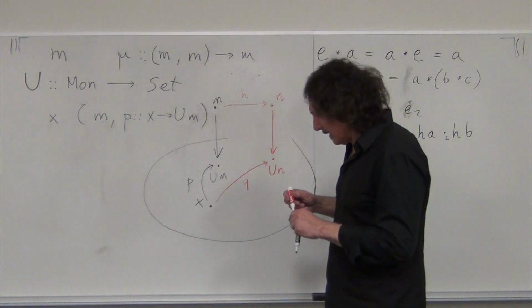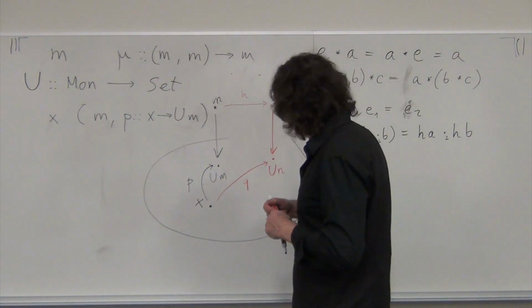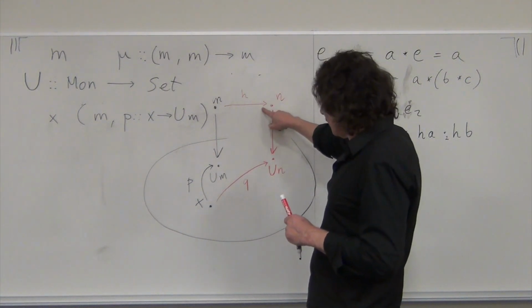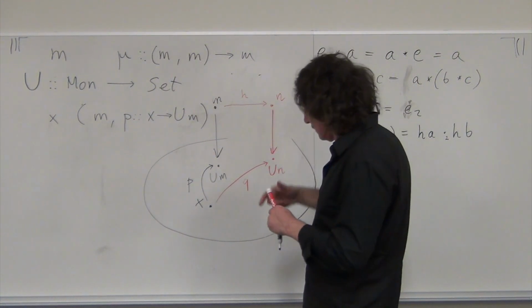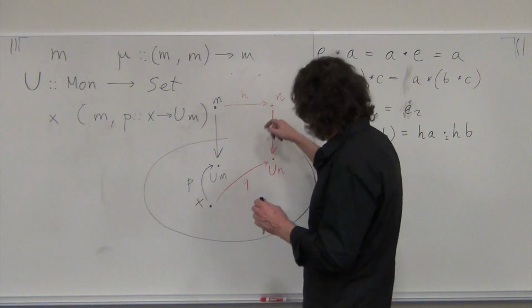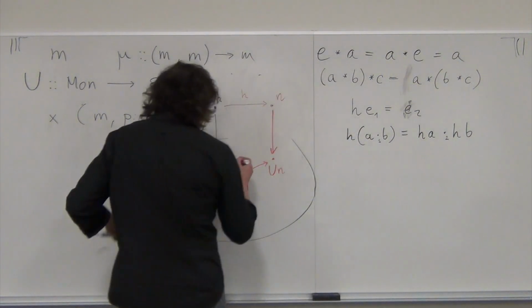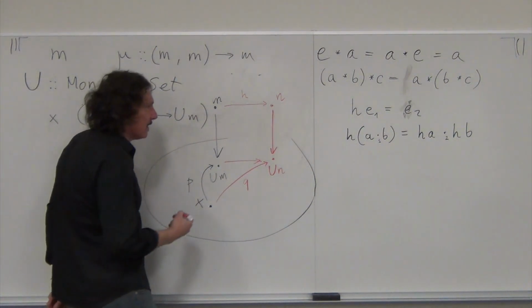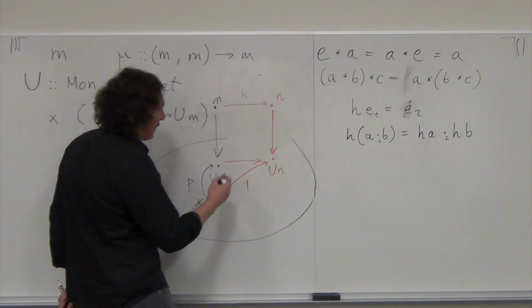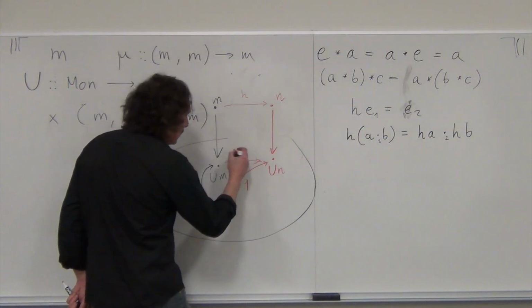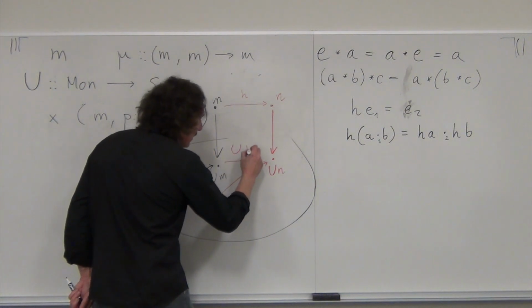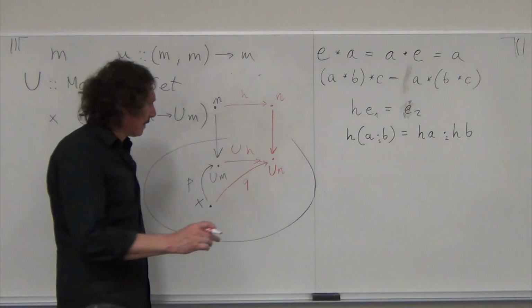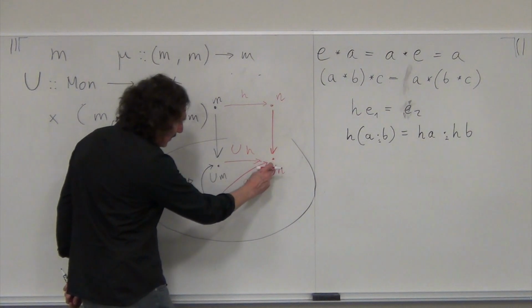This one is better if there is a morphism H. And if you have a morphism H here, of course, since the forgetful functor is a functor, we'll have UH here, which is just a function. So there is a function UH from here.